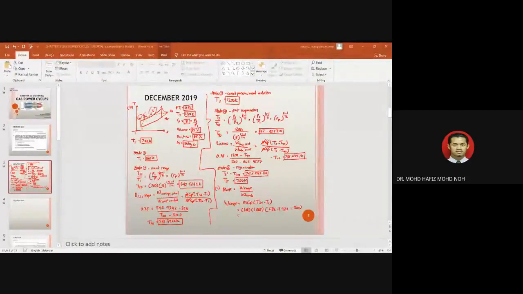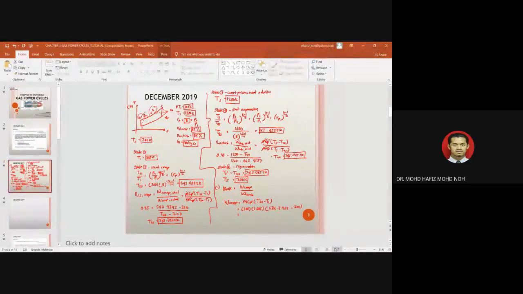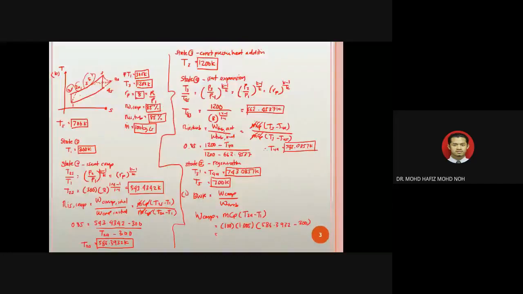It's quite large. You get 28782.51, so you can approximately say 28.782.